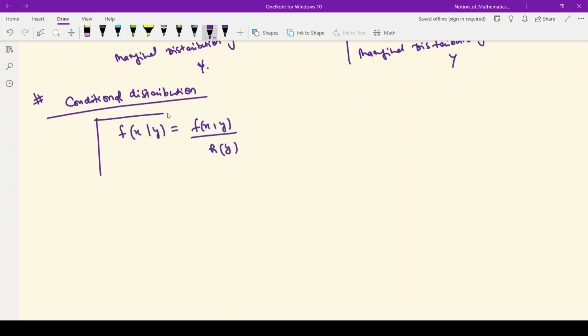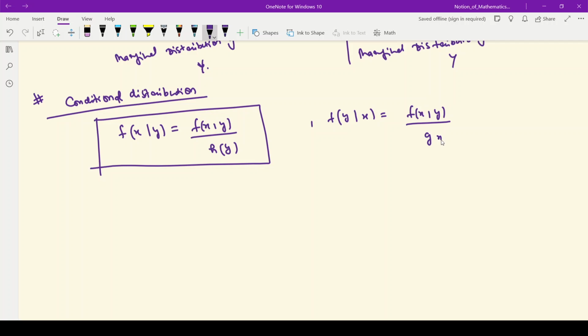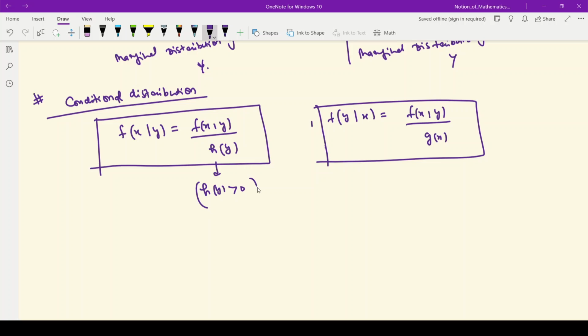So this is f of x given y. And the next concept here, f of y given x, is f of x y upon g of x. But two conditions are associated here: this h of y is greater than 0, and this g of x is also greater than 0.